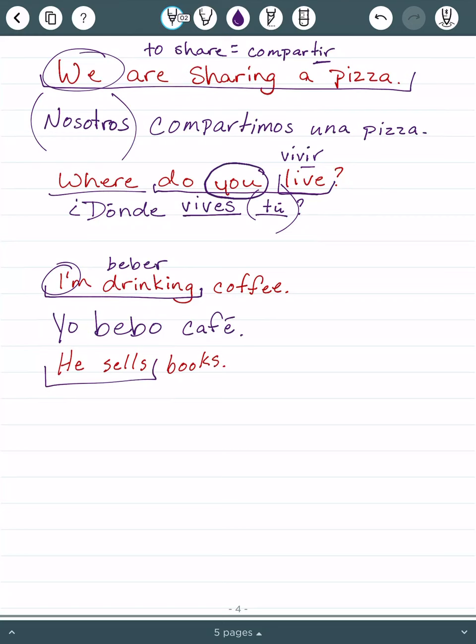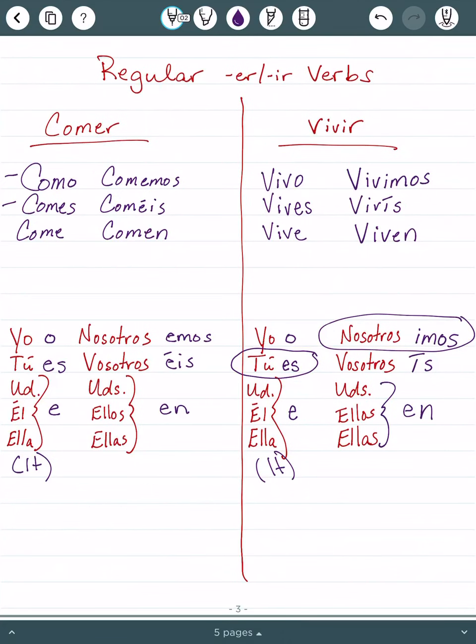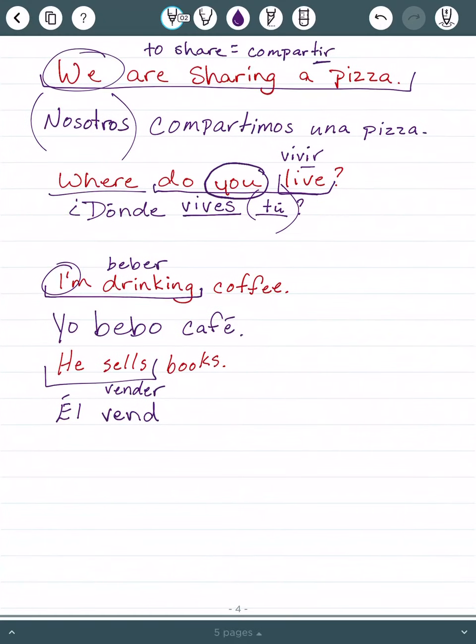And then this last one, he sells books. So he, we know, is él. To sell is vender. Again, take off the ER. The ER ending for he, right here, is an E. Él vende. And then libros.